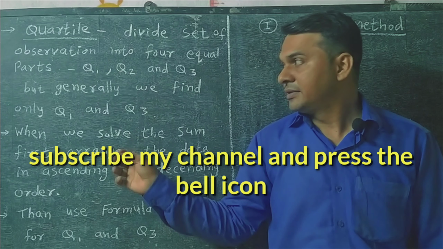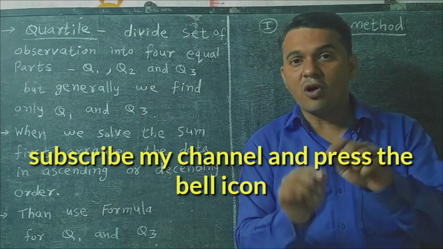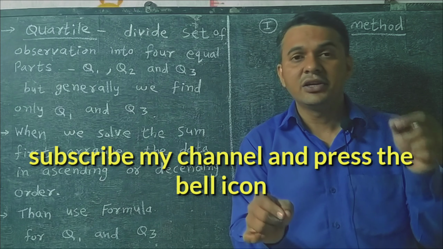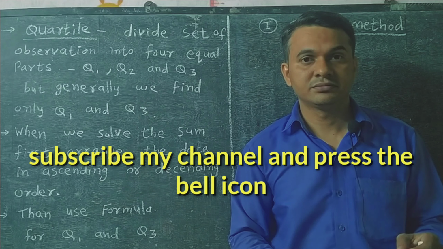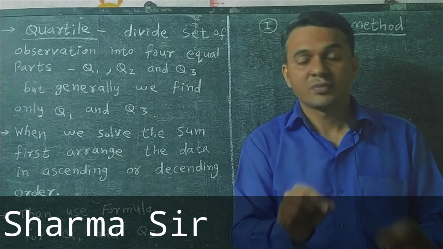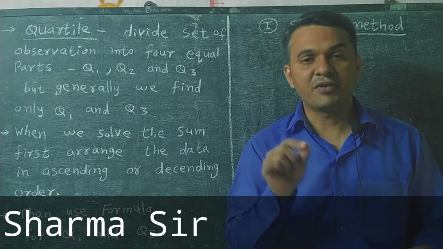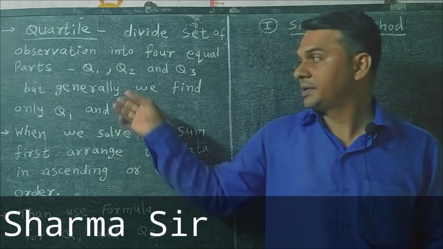In that, we generally find out only the Q1 and Q3. Q2 becomes the median. Therefore, in quartile, what we find is Q1 and Q3.